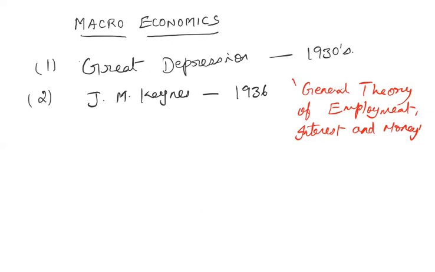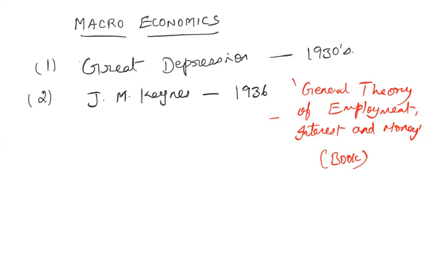So this was the book published by J.M. Keynes in 1936. In this book, Keynes proved that it is not sufficient to analyze the economic problems from the individual point of view. It is necessary to study the country as a whole. Because of this, the macroeconomic analysis became popular. So this is the beginning of the macroeconomic analysis.